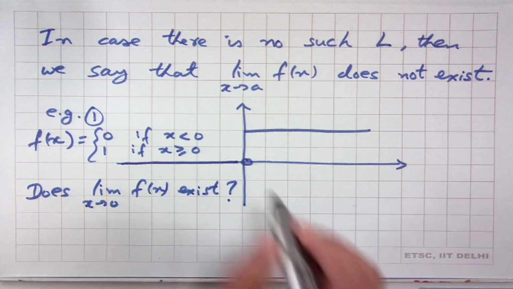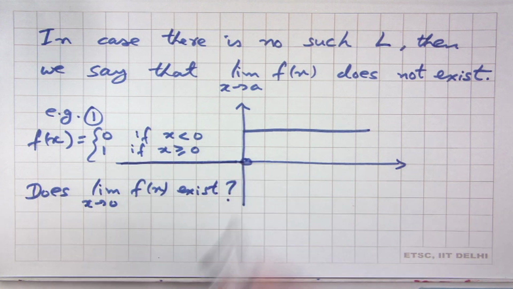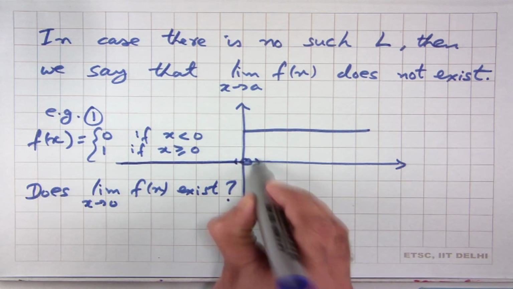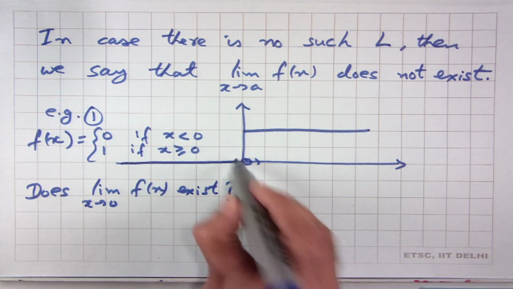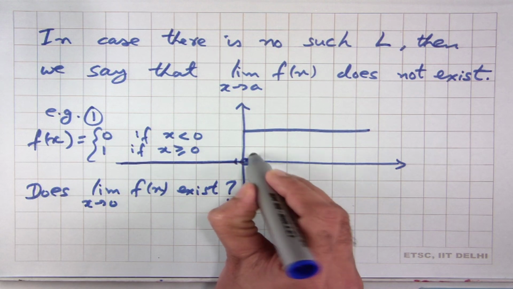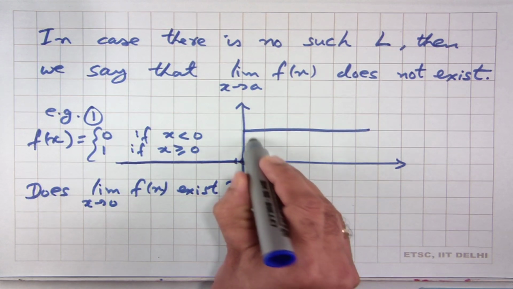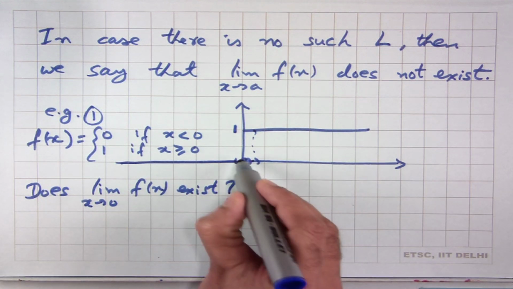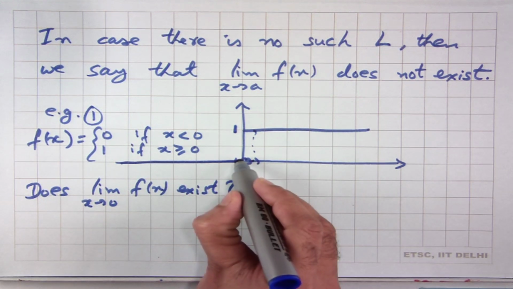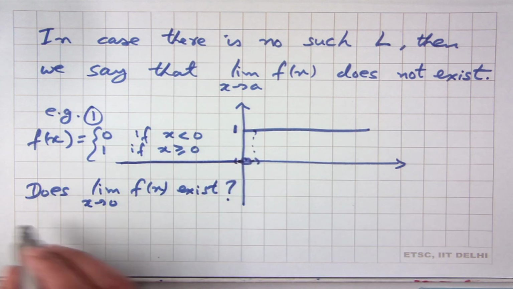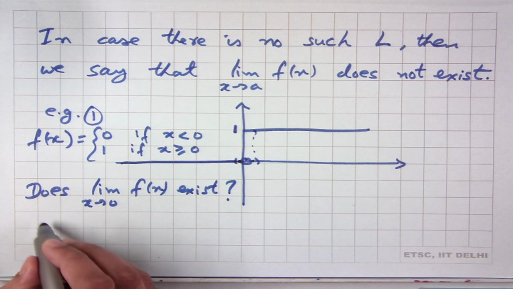In this case, if I take my x in any interval containing 0, then for positive x the value of f of x is 1, and for any negative x, no matter how small it is, it is equal to 0. So, in this case the answer is no.